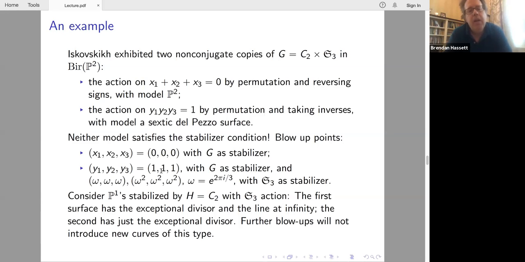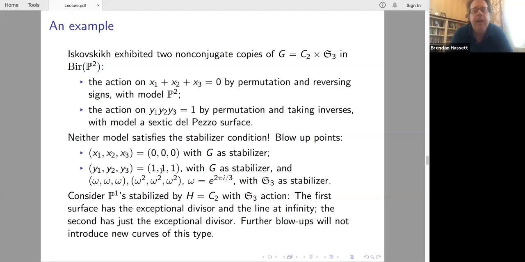Then you keep track of the bookkeeping of the P1s that are stabilized by the central element and have a non-trivial symmetric group action. That's what you get when you blow up these points with the stabilizers. And you can just count that they have different numbers of representatives with these actions, different numbers of divisors.